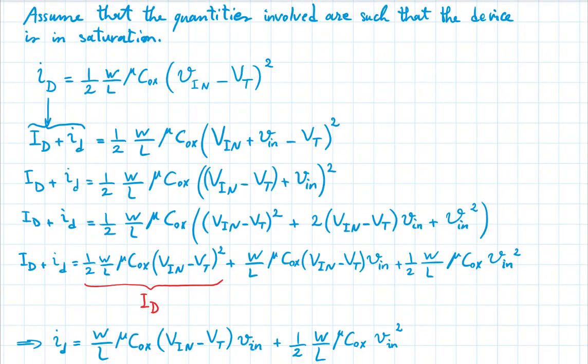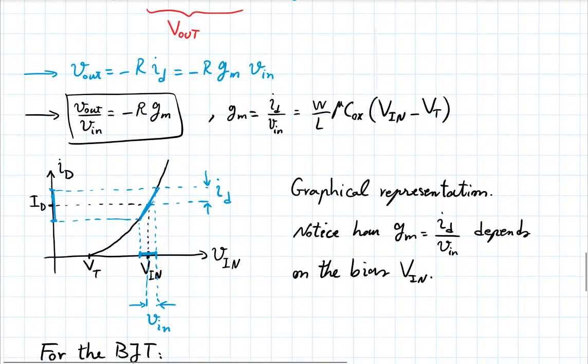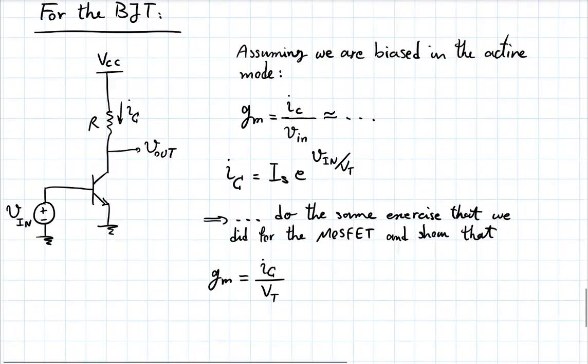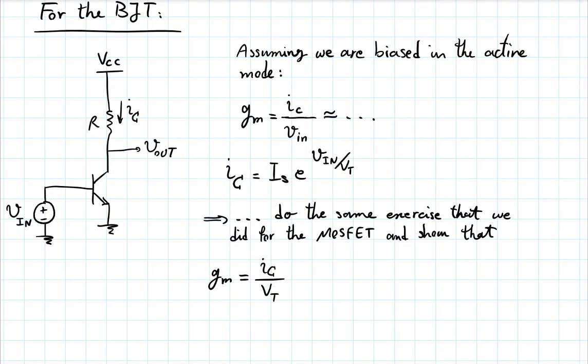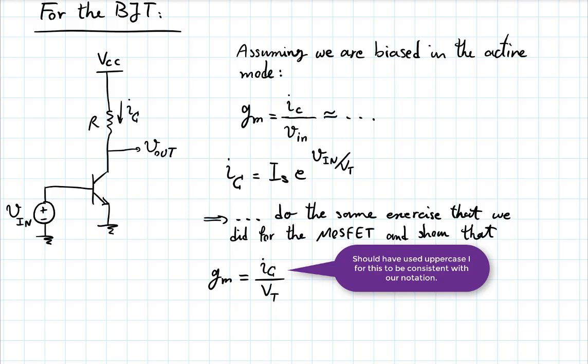Vin minus Vt is the square root of the bias current. Whereas for the BJT, it's the bias current itself. So you might see a MOSFET that's biased in a circuit such that transconductance is maybe 1 milliamp over volt, whereas for the BJT maybe it's 10 milliamp over volt.